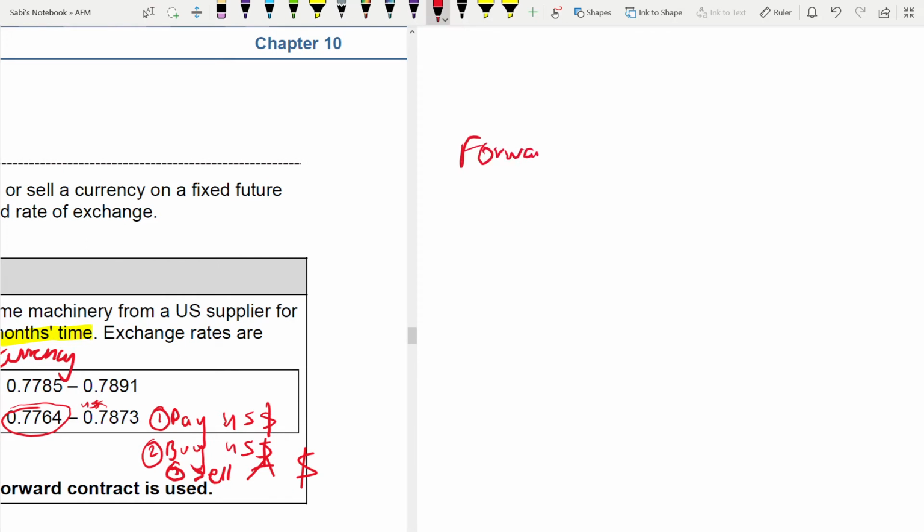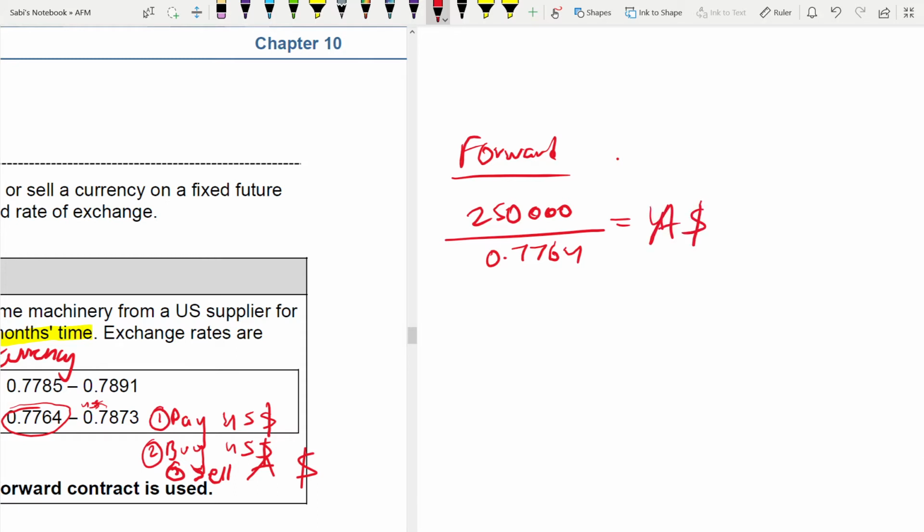Now you have picked the rate. So under forward it will be 250,000 divided by 0.7764. Sorry, this will be in Australian dollar because your home currency is Australian dollar. So the amount you'll be receiving is 321,999.